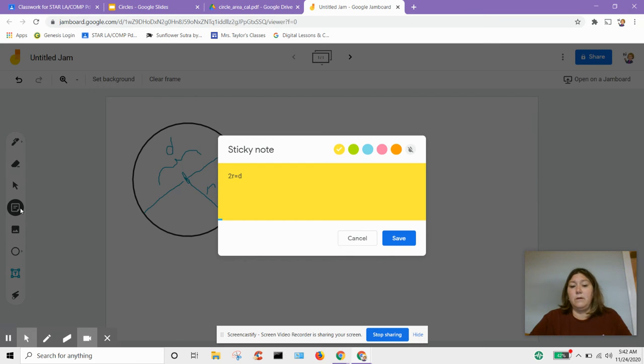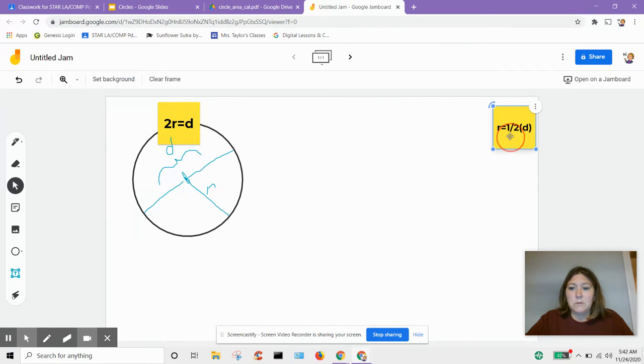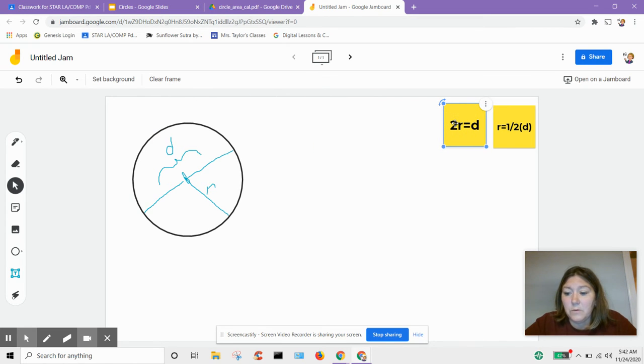We can also say that the radius is equal to half of the diameter. Either way, we have to know the relationship between the radius and the diameter. Two radii equal the diameter.